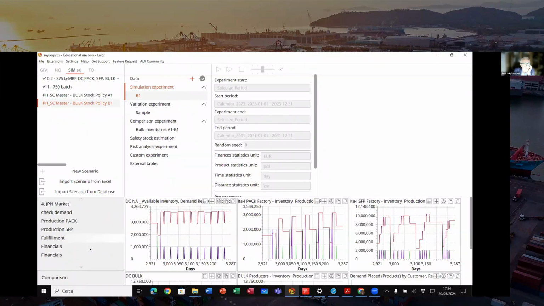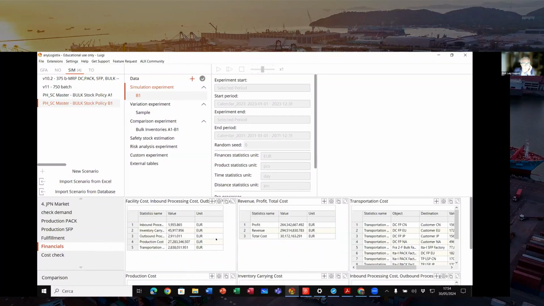And we know there are several KPIs that have been studied. In particular, you see the financial aspects, which are the ones that we also take into account.